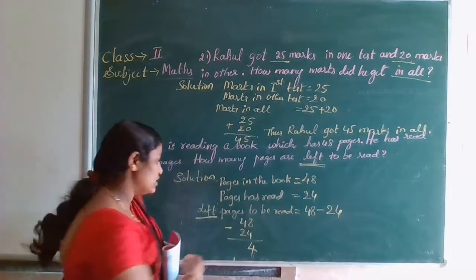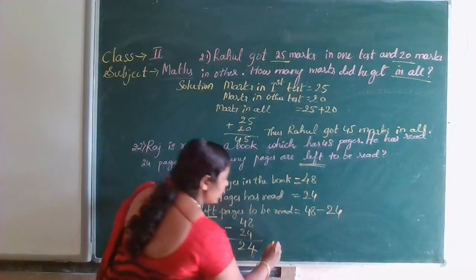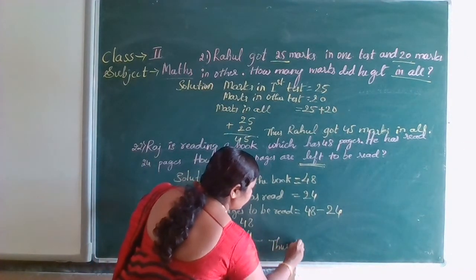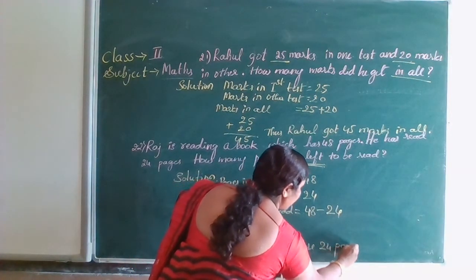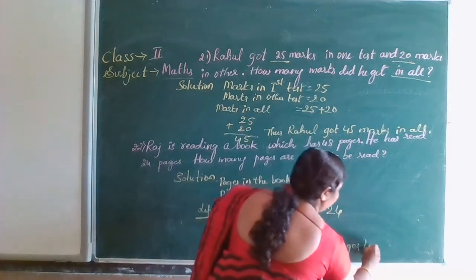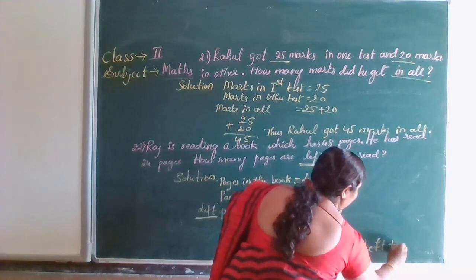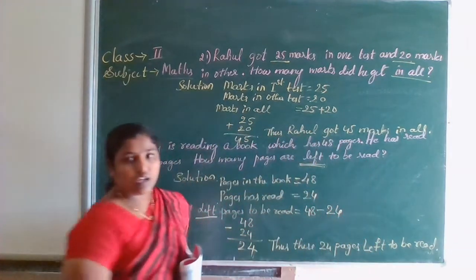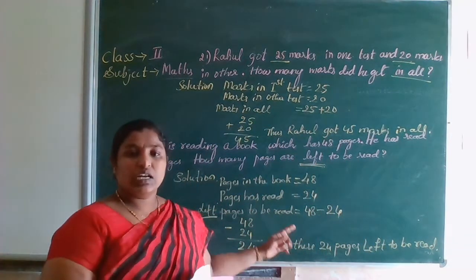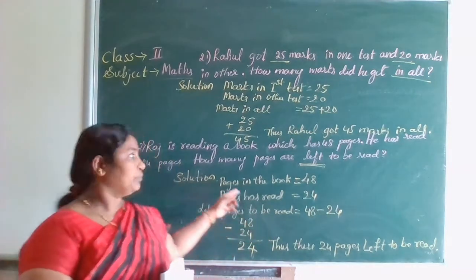Only 2 fingers. So 2, 24. Thus, there are 24 pages left to be read. Okay, got it? This is the subtraction problem.